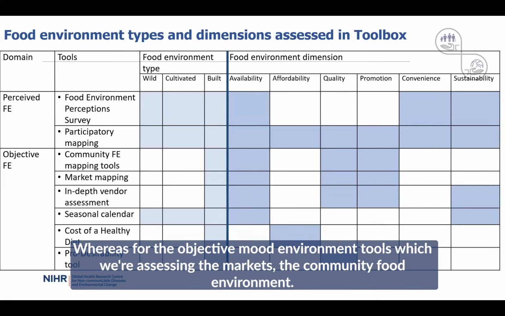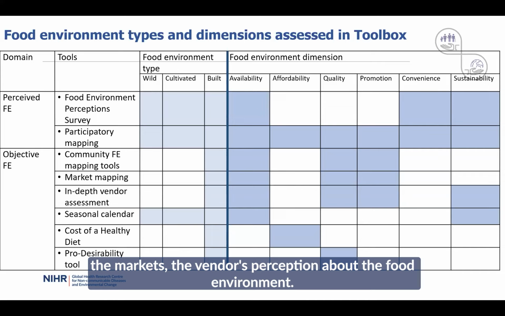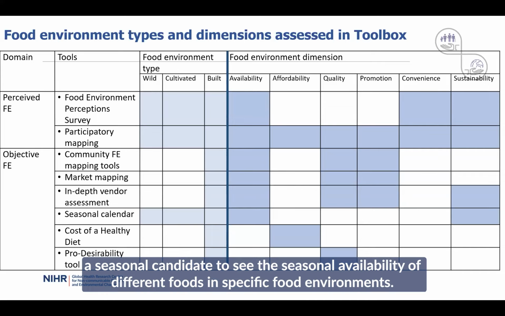whereas the objective food environment tools were assessing the markets, the community food environment, the markets, and the vendors' perception about the food environment. There is a seasonal calendar to see the seasonal availability of different foods in specific food environments.